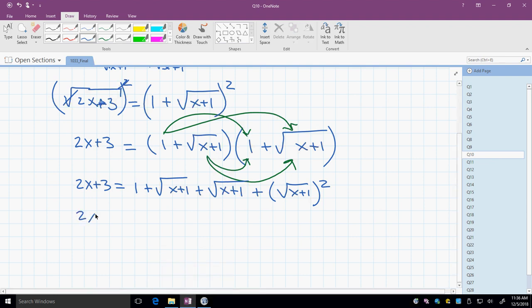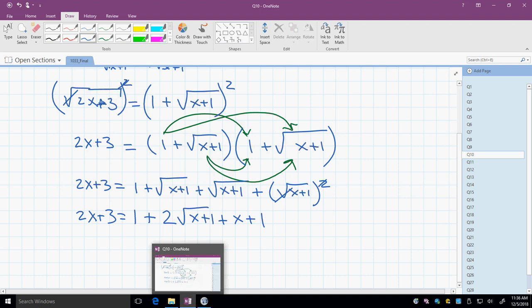So I'm going to keep on rewriting this, and I'm going to go here and try to clean up. So I have 2 square roots that are exactly the same. So that means I have 2 square root of x plus 1. This breaks with this, and I have plus x plus 1.